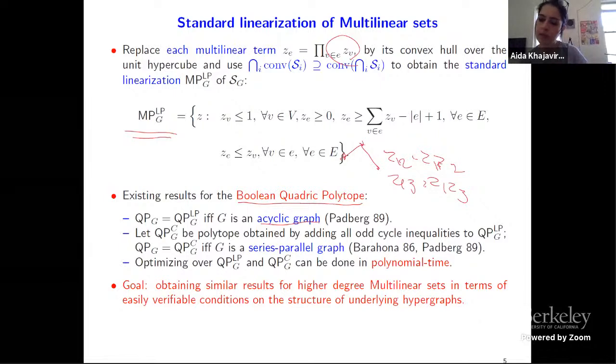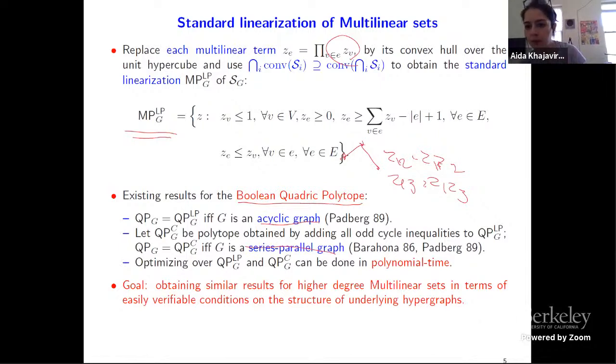Now that by itself is interesting from just a complexity theory point of view. But for optimizers, perhaps there's even a more useful tool that is given here. So in the process of proving that this problem can be solved in polytime, we introduce odd cycle inequalities or triangle inequalities.